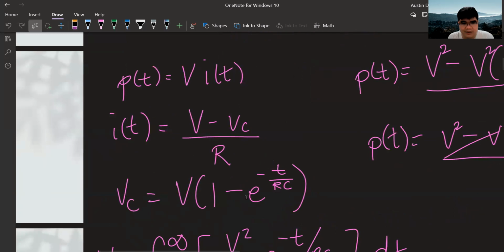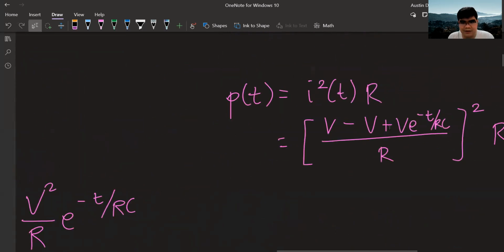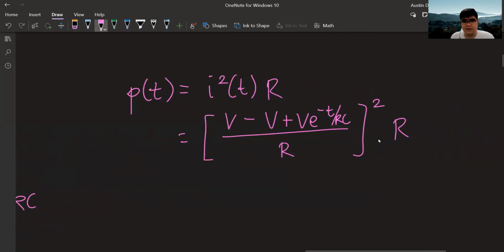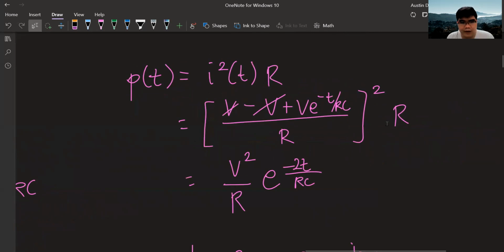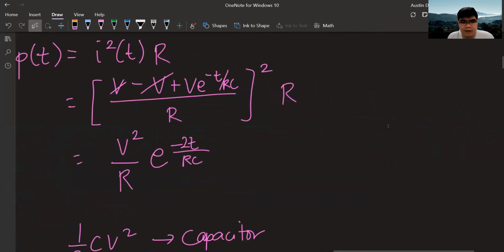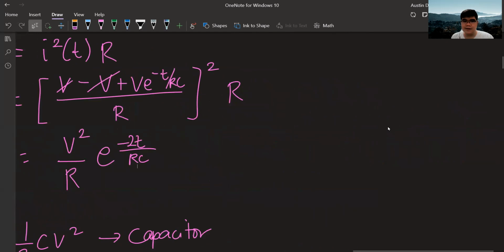V minus V, V minus V, and then it becomes negative. So, therefore, we have this guy. The power is just V squared over R, because one R will cancel, and this is e raised to negative 2t over RC.